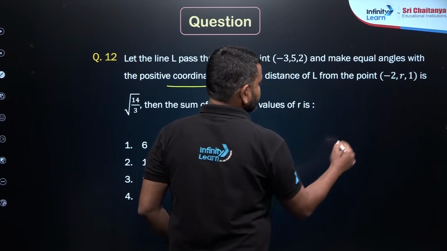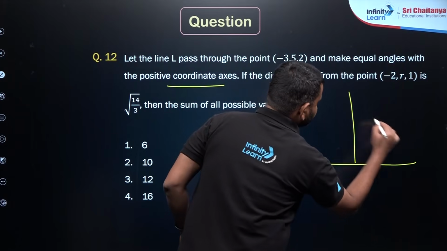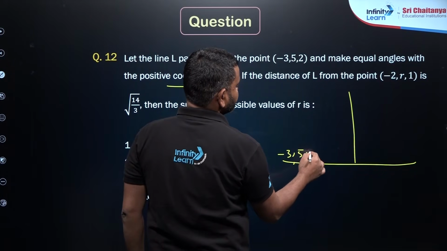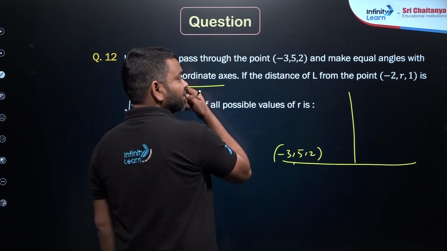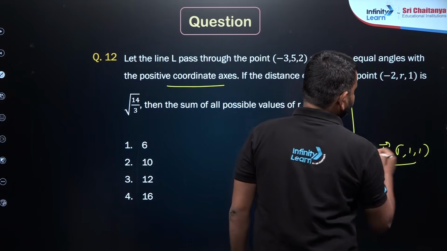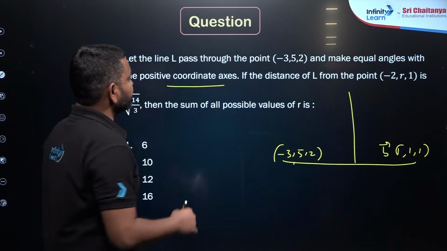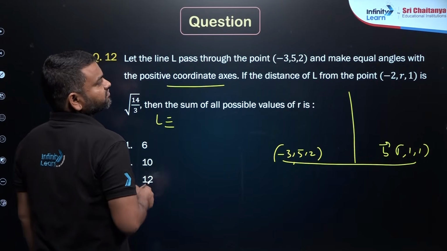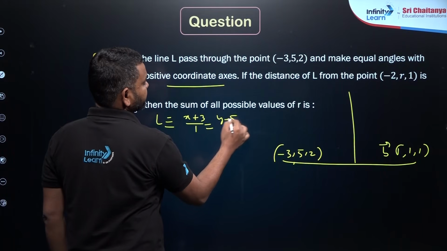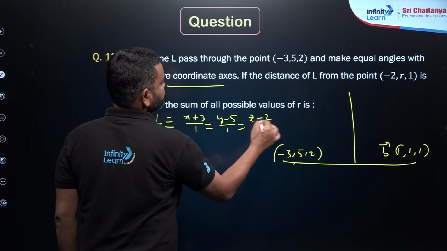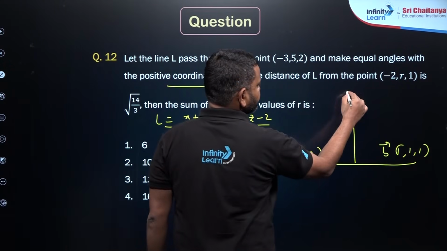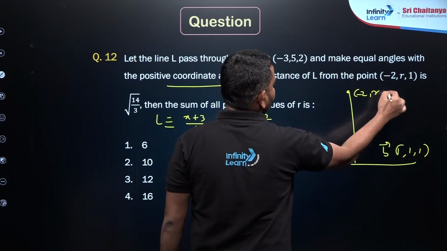So let us say a line is there L, which is actually passing through the point minus 3 comma 5 comma 2 and making equal angles here, which means the direction ratios are going to be 1 comma 1 comma 1. And if I have to write the equation of the line, it is going to be x plus 3 by 1, that is equal to y minus 5 by 1, that is equal to z minus 2 by 1. Now if I am taking this, from the point we have to find, the point is given as minus 2, r and 1.